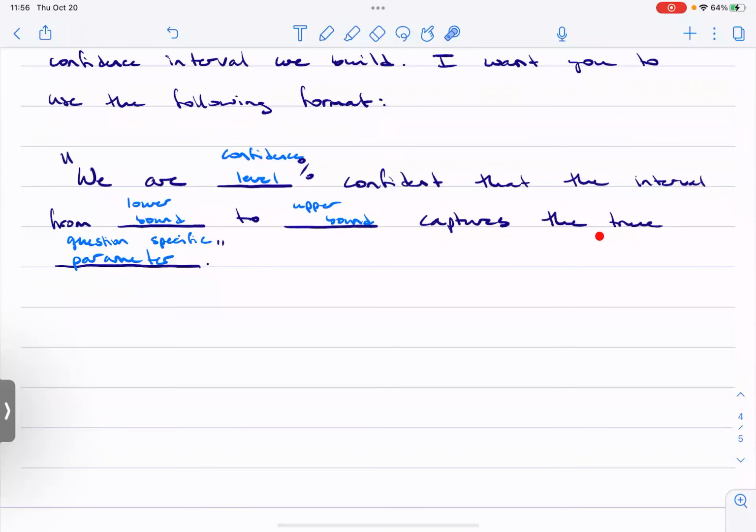So when I use things like true or all, right, that's telling me that this is for the population, right? And so in our case, once we build an interval, then we're going to be some percentage confident that this interval from blank to blank captures the true population proportion, right?